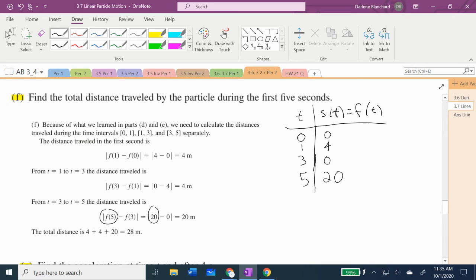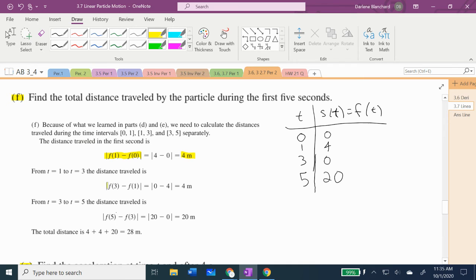So once you have all of the positions at the beginning and end time of your time frame, and every time the velocity is 0, then it's a lovely process of how far did I travel from 0 seconds to 1 second, and make sure you absolute value it if needed.